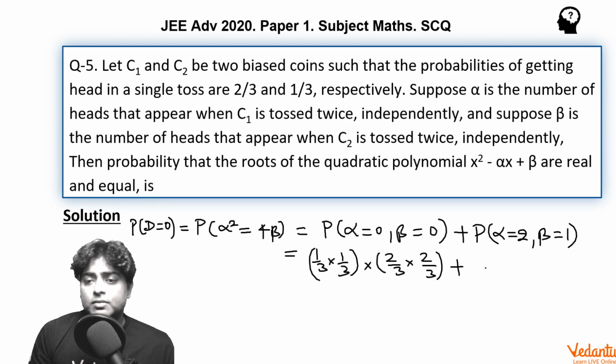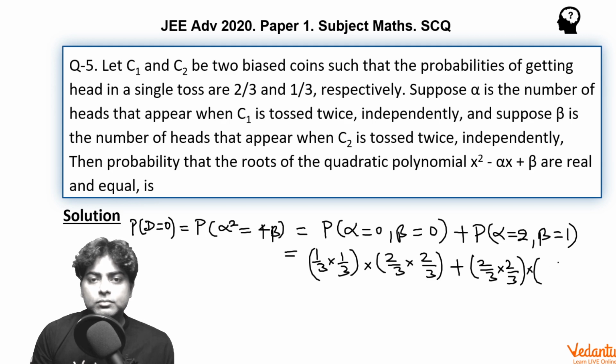Or in the second case, when alpha is 2, both times we are getting heads. Getting head when coin 1 is tossed is 2 by 3, so 2 by 3 into 2 by 3, into beta 1, which means we are getting exactly one head and one tail when coin 2 is tossed.